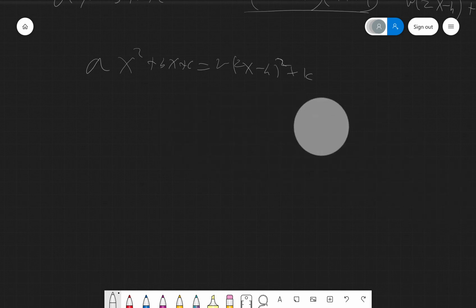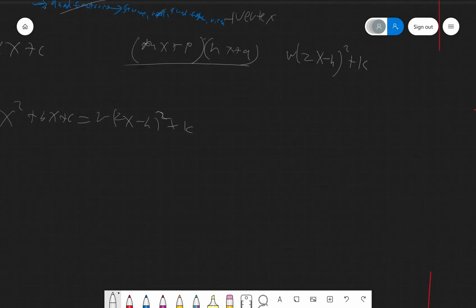So the key thing with the vertex form is that h equals negative b over 2a, and k equals whatever you get when you plug in h. So yeah, the maximum.